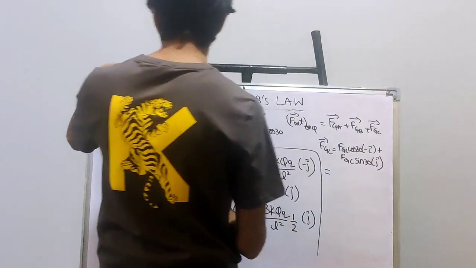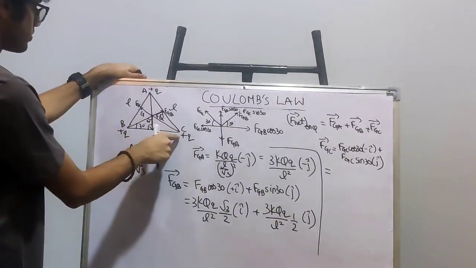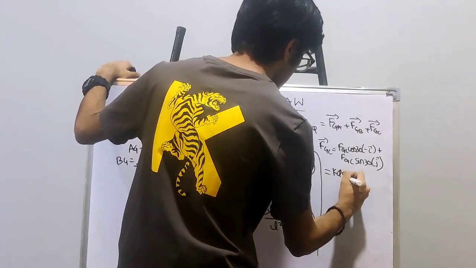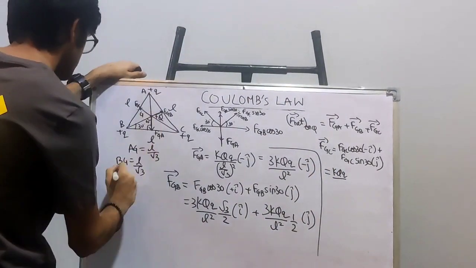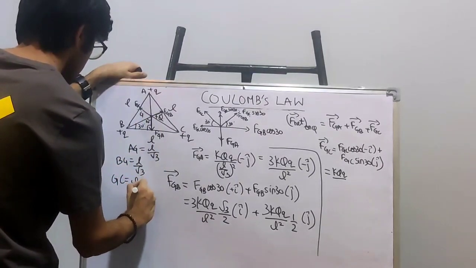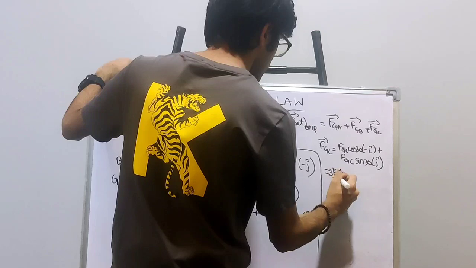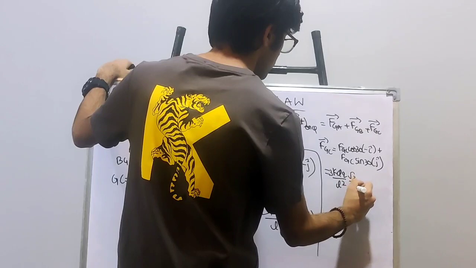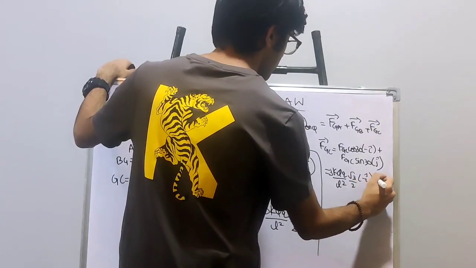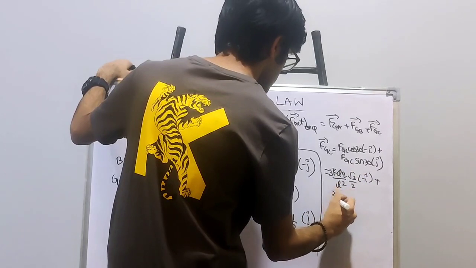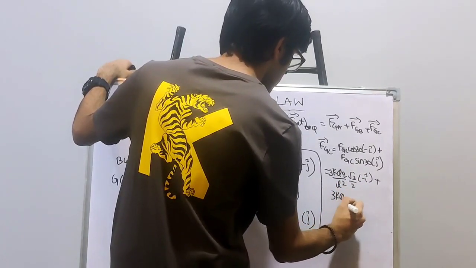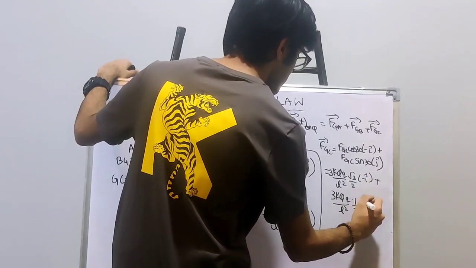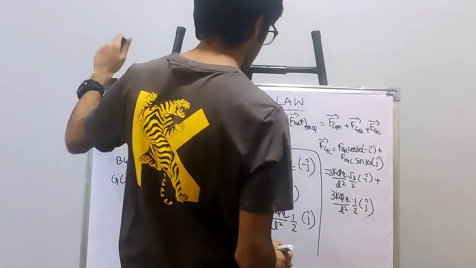FGC is KQq upon, again the same thing, GC here is also L upon root 3, so 3KQq upon L square. Cos 30 is root 3 upon 2, minus I cap, plus 3KQq over L squared, sin 30 is 1 by 2, and this is positive J cap.